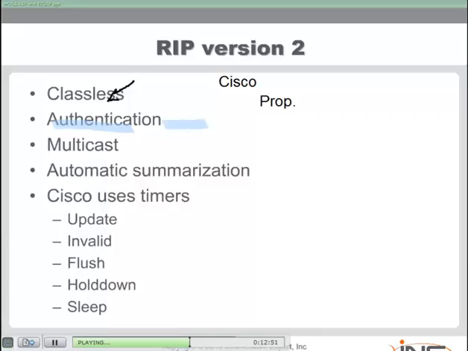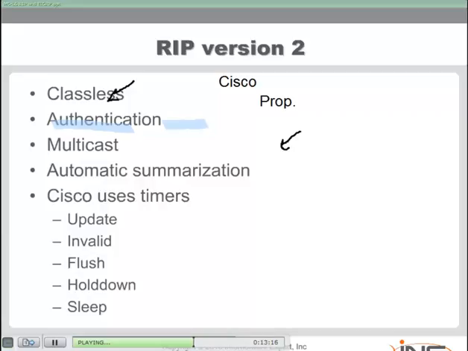Now, the algorithm that EIGRP uses is called the diffusing update algorithm. And you know what? To be really accurate, I should have put that in all uppercase, because DUAL, D-U-A-L, is actually an acronym for the diffusing update algorithm.